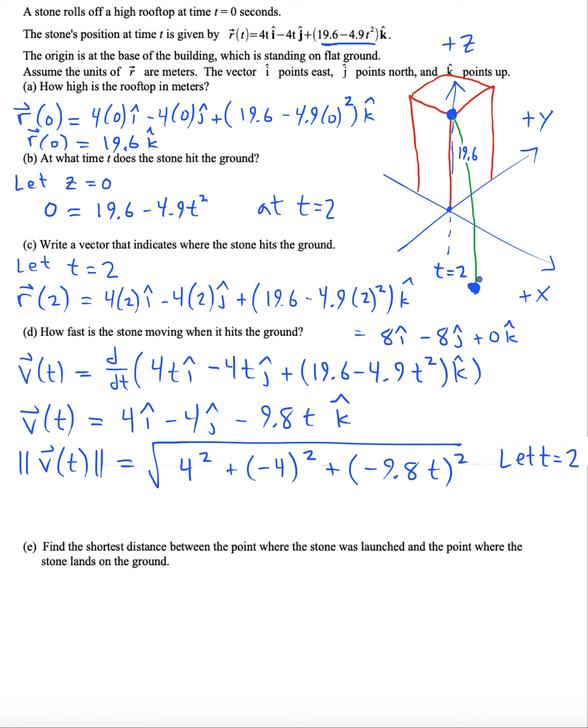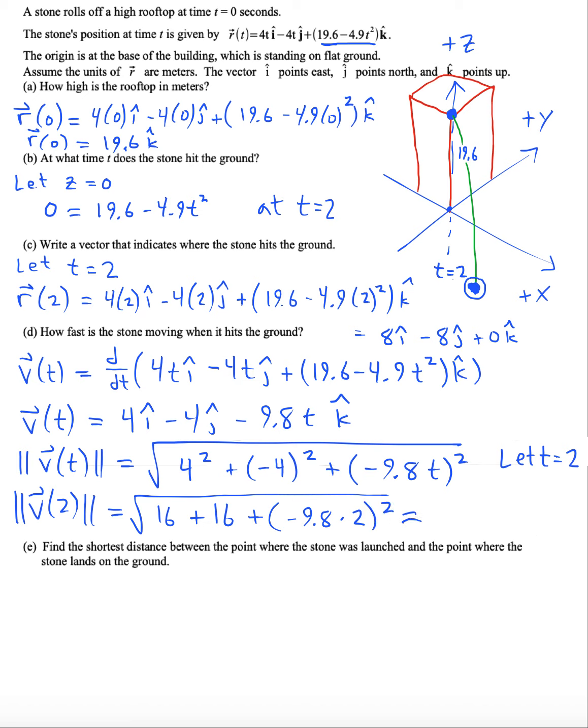We can see right here it hits the ground at t equals 2. So let's find the speed of this particle at 2. That's going to give us 16 plus 16 plus (negative 9.8 times 2) squared, which is about 22.4 meters per second.